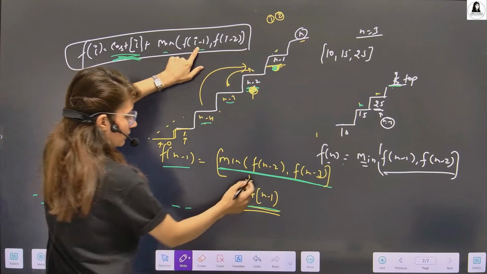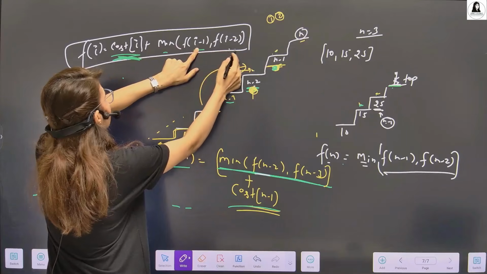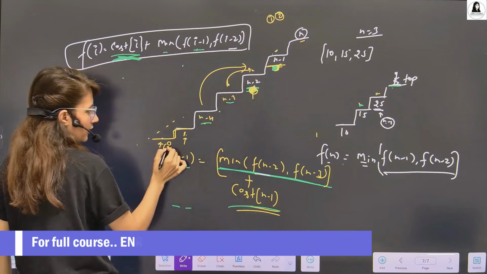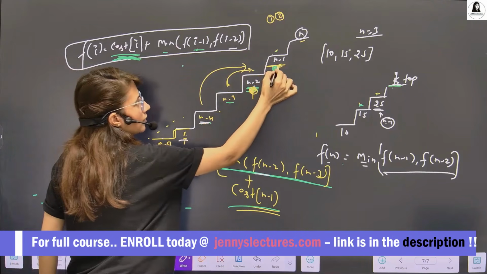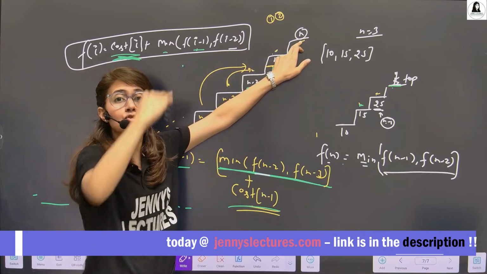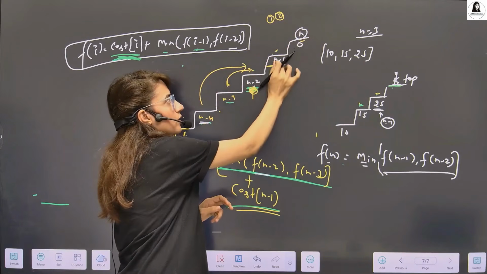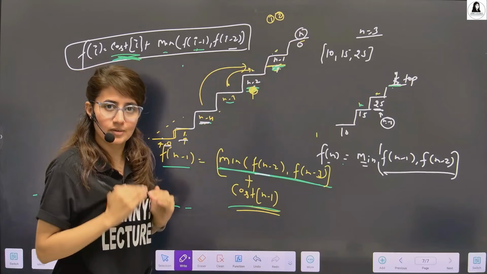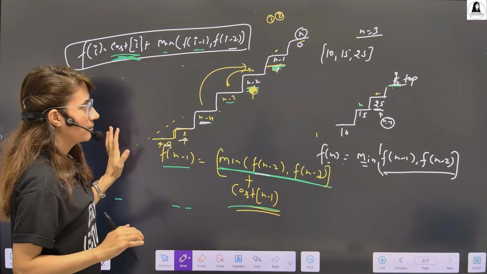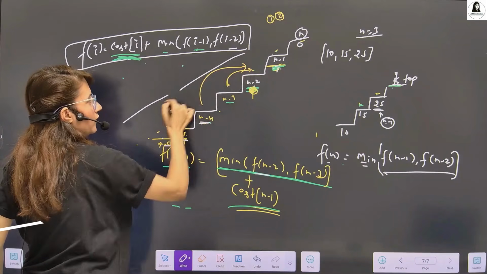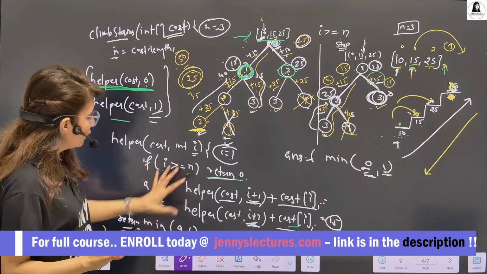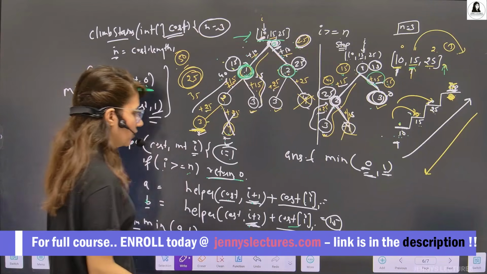And because these are base cases, i will go from here to n minus 1. We don't consider this n because that is the top, so here the cost is 0. We consider till i is n minus 1, that is, less than n. So that's the formula here. You can go from here to here, or you can go previously from here to here. In whichever way you are comfortable, you can write it down. It's up to you.